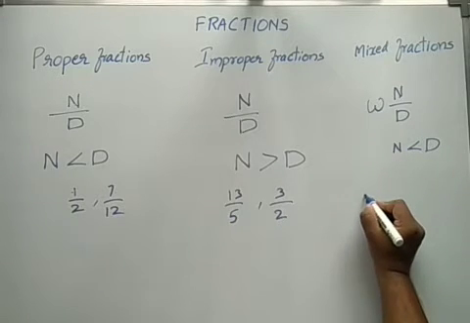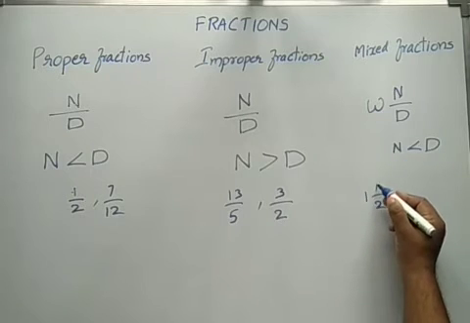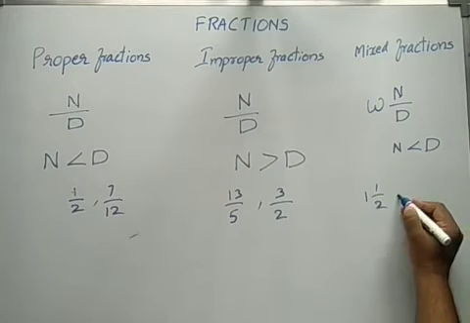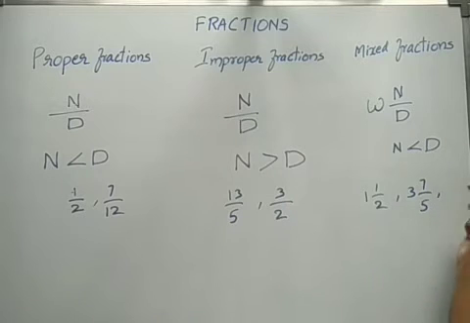Here 1 by 2. See, 1 is a whole number and this is a proper fraction. 3 and 7 by 5, as like 2 and 3 by 5.